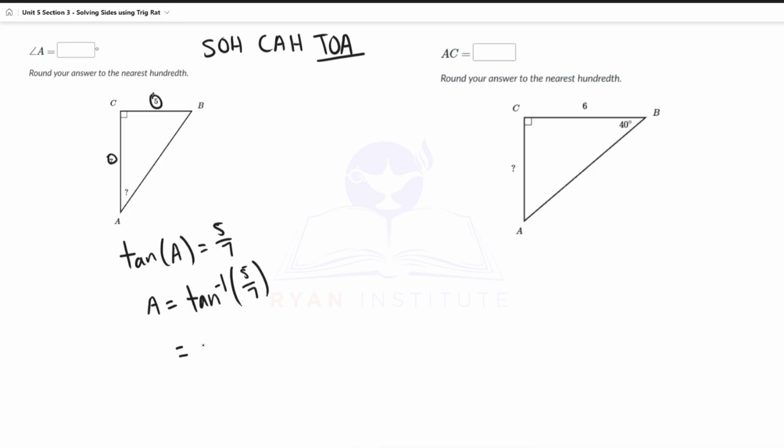And that is going to equal 35.54 degrees when you round up. And it is important to note that I used a calculator for this. However, when you use a calculator for any type of trig ratios or when you're dealing with degrees, just make sure that you set it to degrees and not radians.